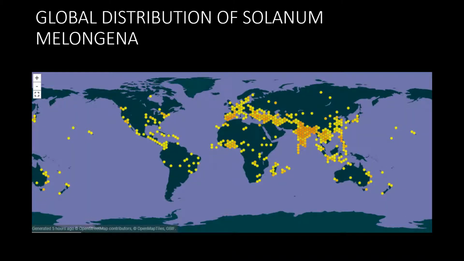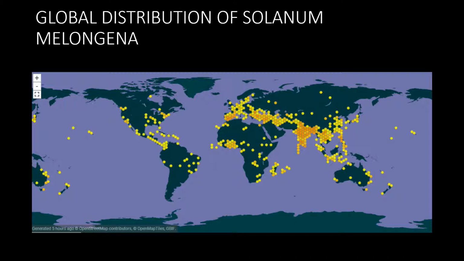This image represents the global distribution of eggplants, which in science is known as Solanum melongena. The points represent the amount of eggplant in each continent.